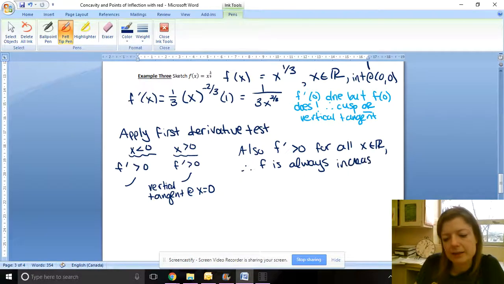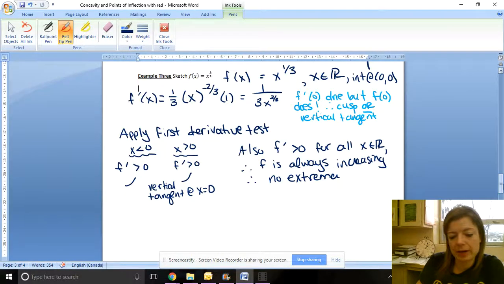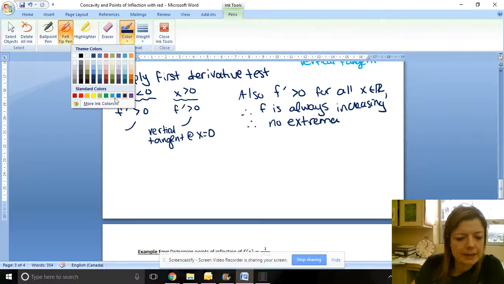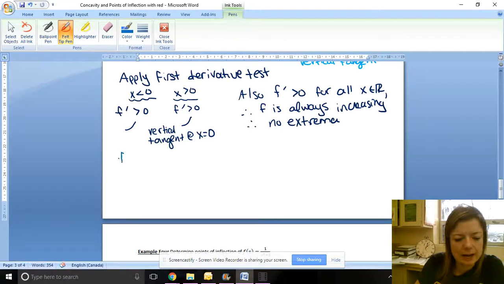And that tells us that there is no extrema. Okay, because we never change from increasing to decreasing, so we never get any extreme or local values at all. Okay, since the function is always increasing because the derivative is always positive. So now let's go ahead and take the second derivative and see what that can tell us about this function.